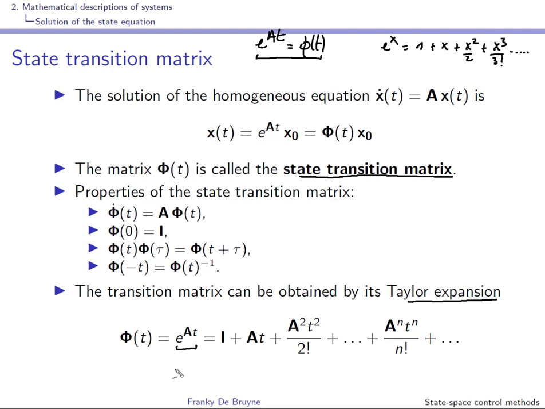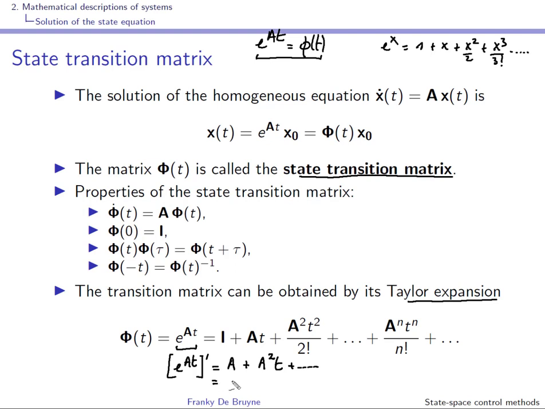So now what you can do is compute the derivative of this exponential of At with respect to t, and what you'll have is, well, the first term will not give a contribution. You'll have A, then A squared t, and so on.